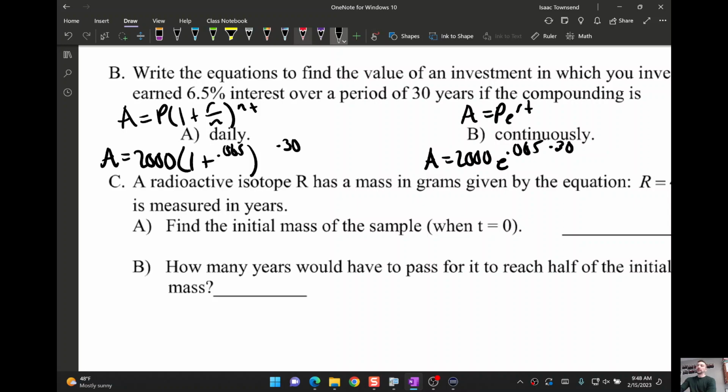But what is different about them, if it's continuous, it's going to have this number E in the formula. And if it's not continuous, it's going to have this number N, where N is how many times a year it would get compounded. And if you want it to be compounded daily, then N would be 365.